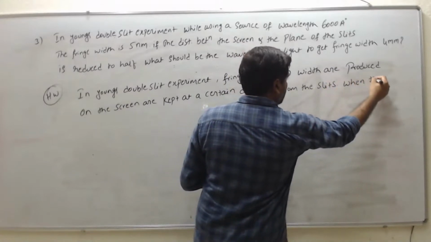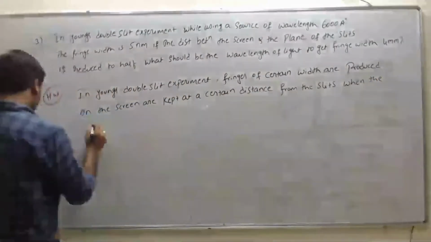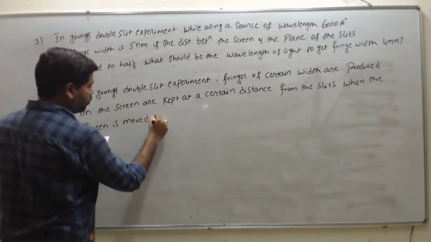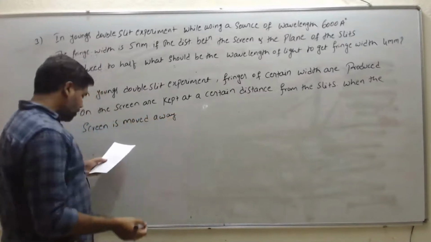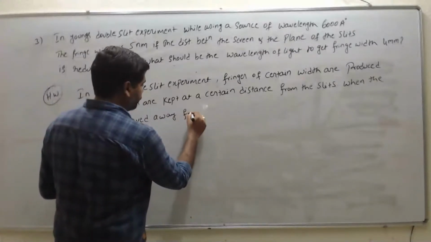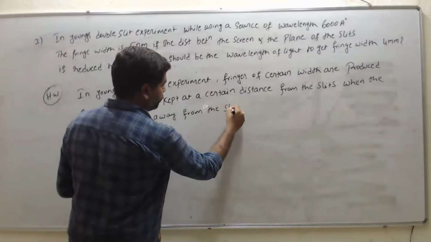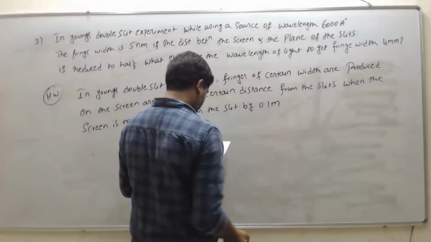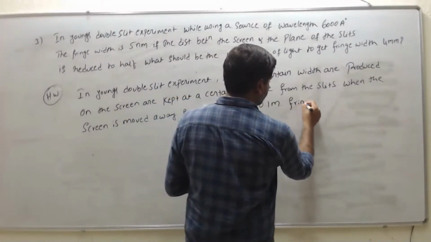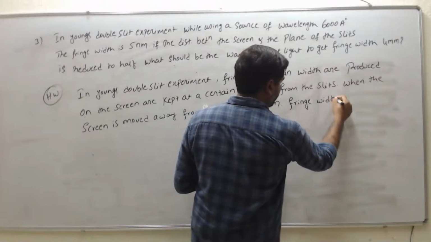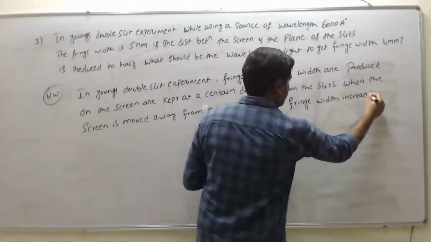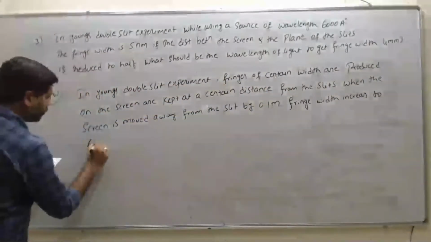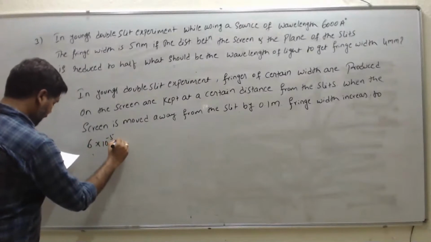When the screen is moved away from the slit by 0.1 meter, the fringe width increases to 6 into 10 to the power of minus 5 meter.